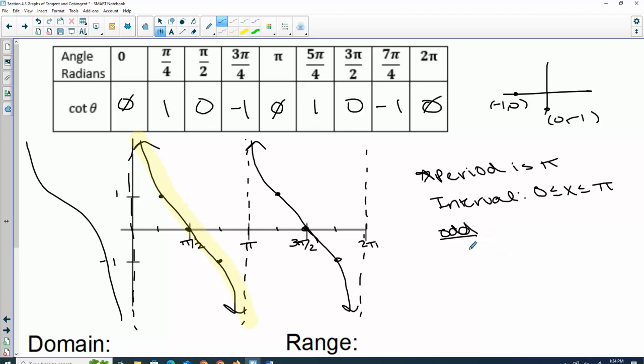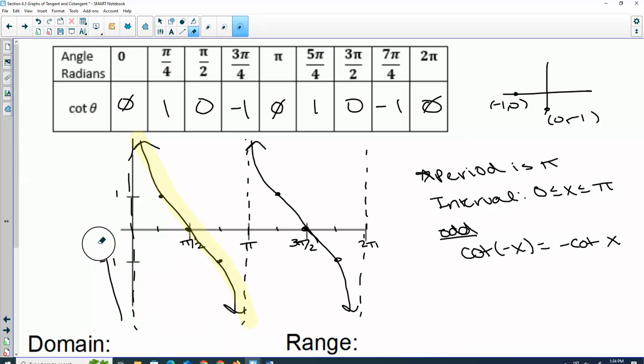If you have a negative on your angle, that negative can get pulled out. So far, every function has been odd except for which one? Cosine. Cosine is even, but tangent, cotangent, and sine have all been odd functions.